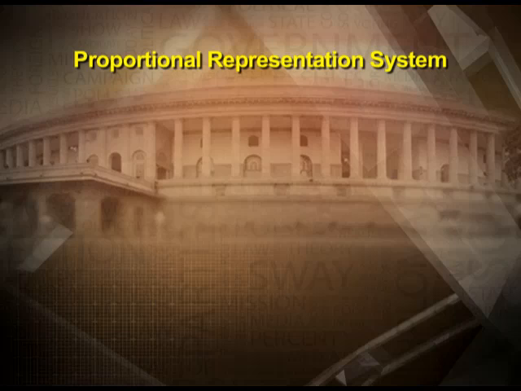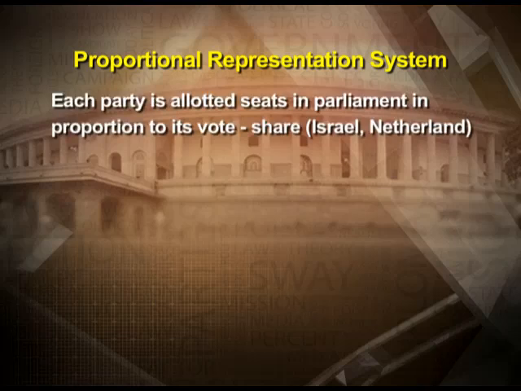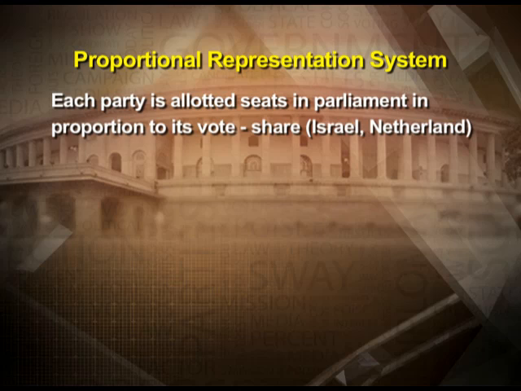Certain countries follow what is known as the proportional representation system. What exactly is this system? This system means that every party is allotted seats in parliament in proportion to its vote share. Vote share means the percentage of votes that it has got. For example, Israel, for example, Netherlands.